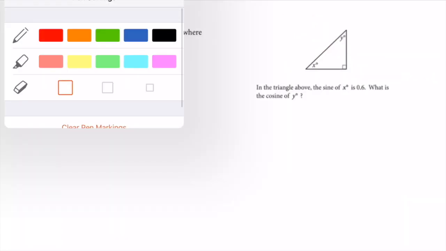Okay, so some SOHCAHTOA problems here. In a right triangle, one angle measures x degrees, where the sine of x is 4 over 5. So what is the cos of 90 degrees minus x degrees? It sounds fairly complicated, but all I want to do is set up a triangle to give me a visual.